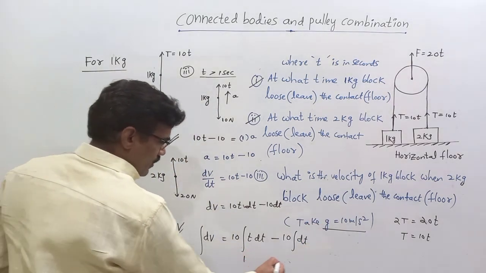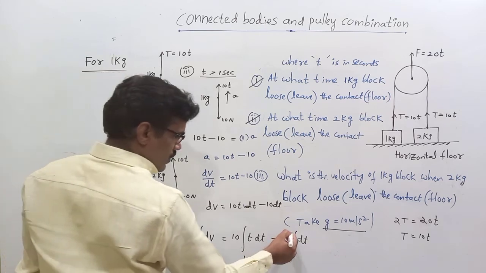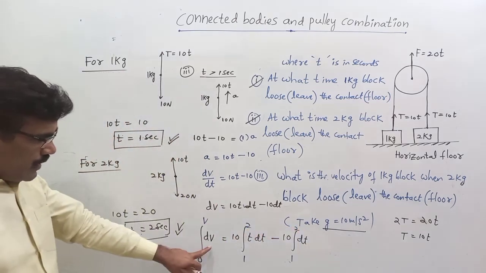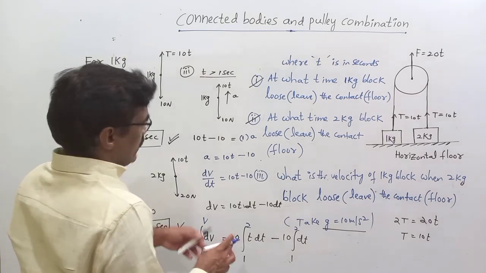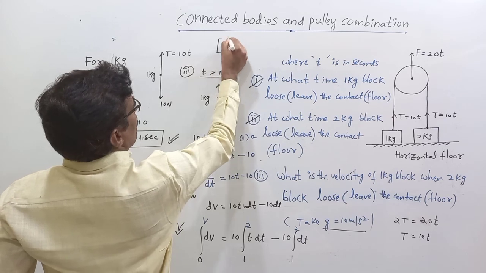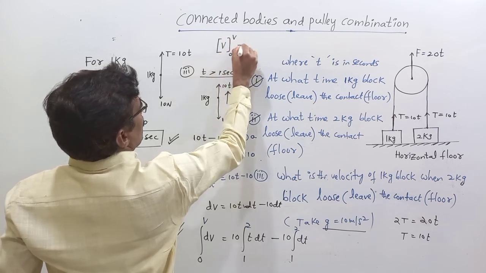Time is 1 second here, and if time is 2 seconds, velocity is v. Integration of dv is v, limits are 0 to v.